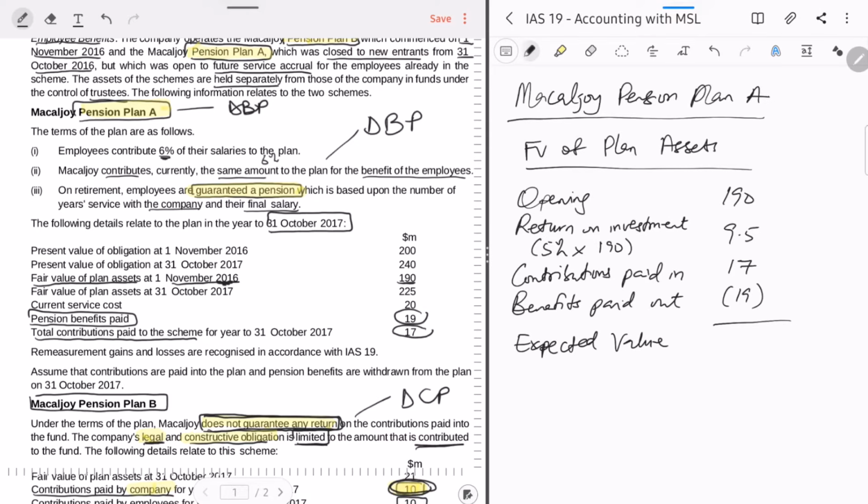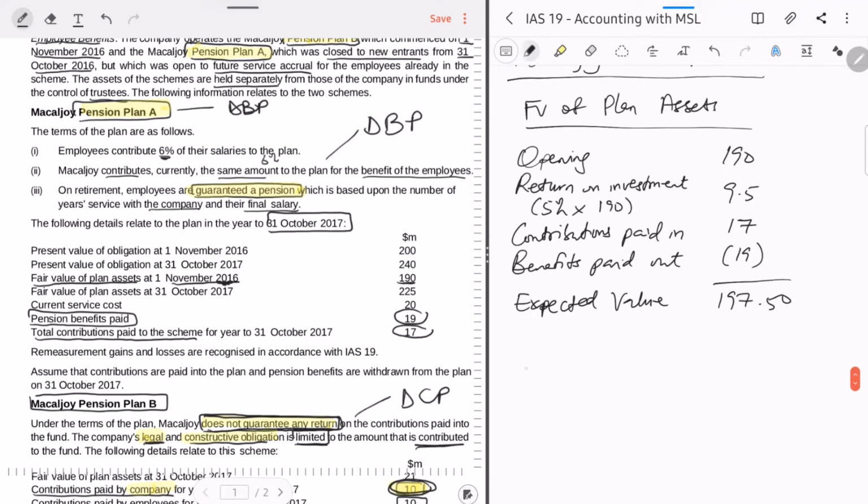So let's sum this up and see what we get. So on my calculator, I have 190 plus 9.5 plus 17 minus 19. So this gives me, let me clear this first, 197.50.